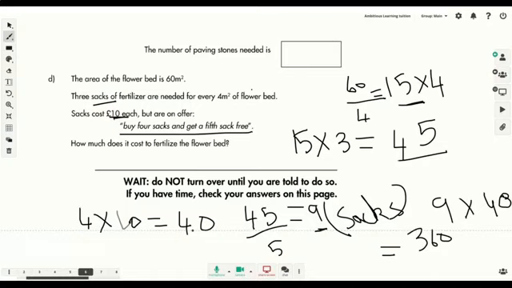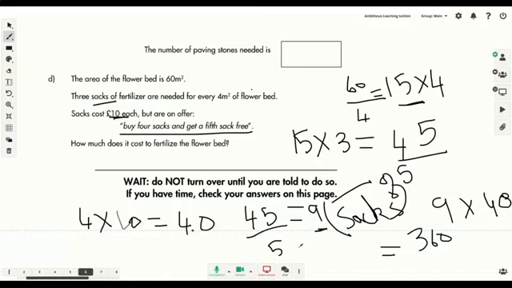Why did we do that? See it again because there's an offer going on. First you multiply 15 by 3, that gives you 45. Then you divide 45 by 5, that gives you 9. This is 9 lots of 5, if you guys are getting confused.